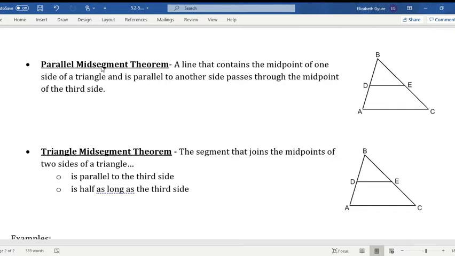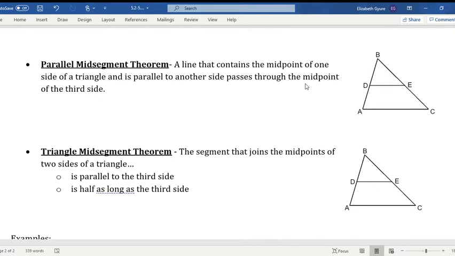One has to do with parts being parallel, and one has more to do with congruency. So the parallel mid-segment theorem says a line that contains the midpoint of one side of a triangle and is parallel to another side passes through the midpoint of the third side.